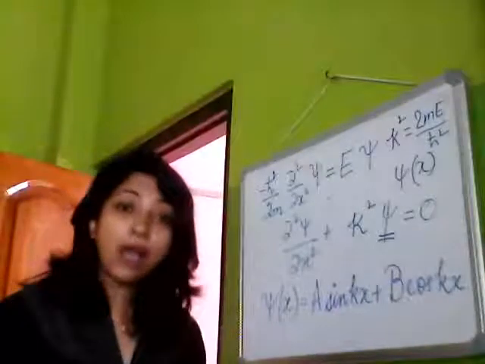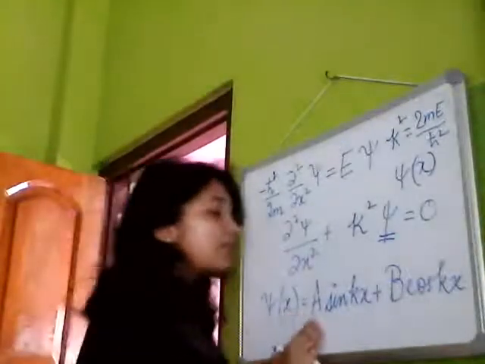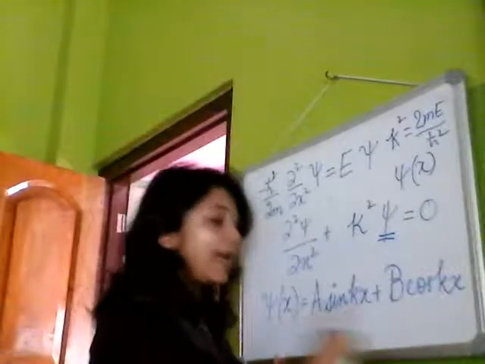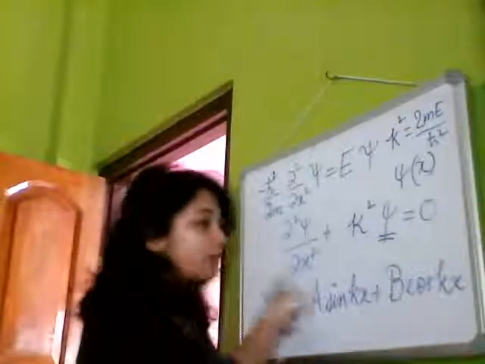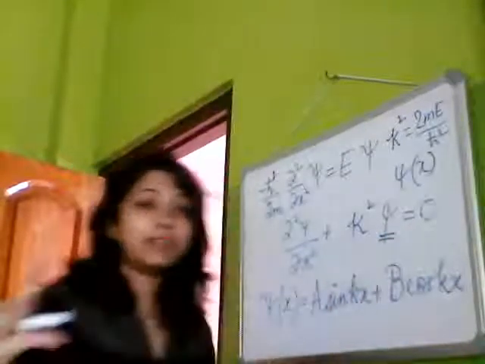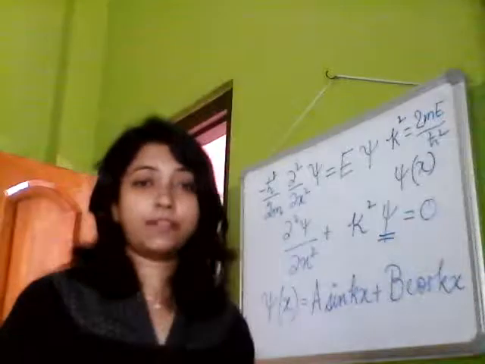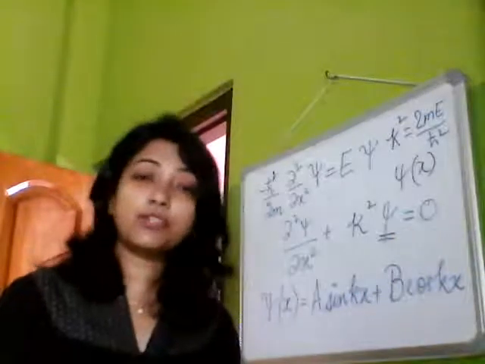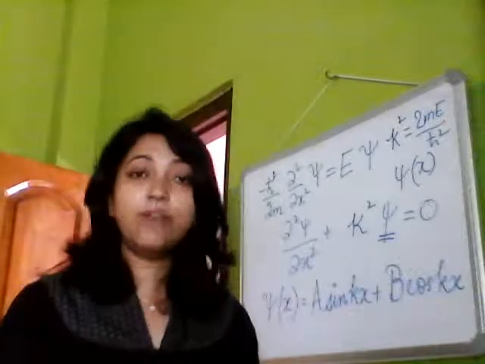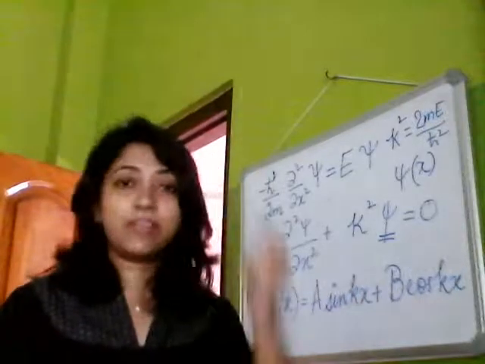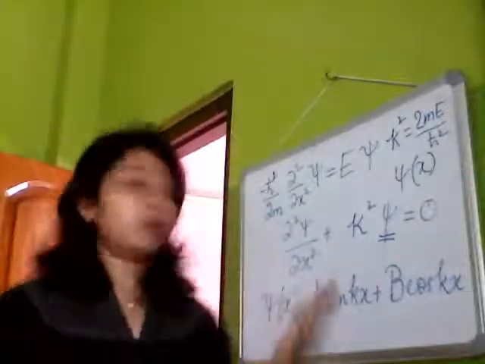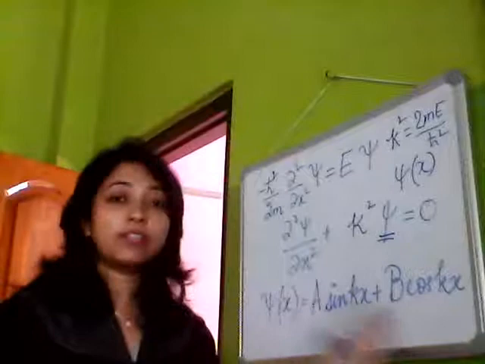So what we will now do is find these coefficients A and B, and figure out the entire mathematical expression for our wave function, so we get the complete solution of the Schrodinger's equation for the one-dimensional potential well. Now, how do we find the value of A or B?